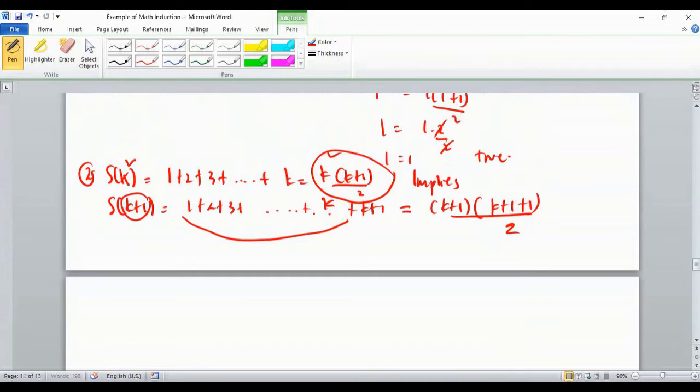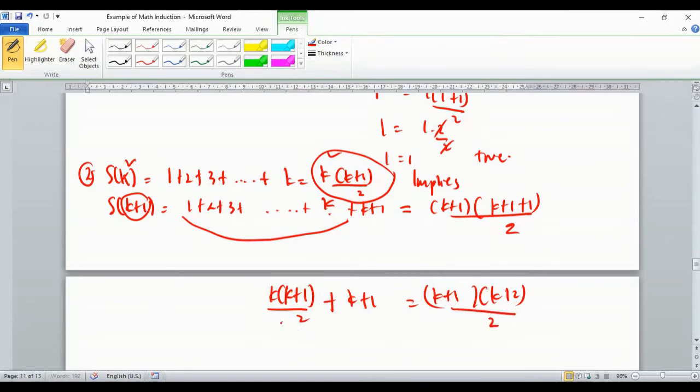Okay, 1 until k is k times k plus 1 over 2, plus k plus 1, equals k plus 1 times k plus 2 over 2.